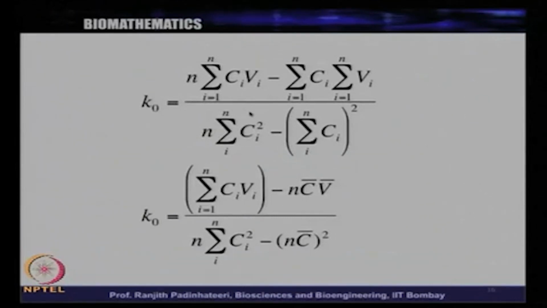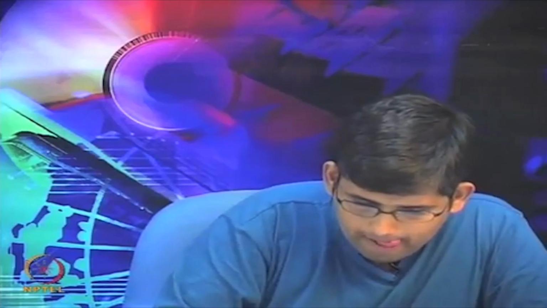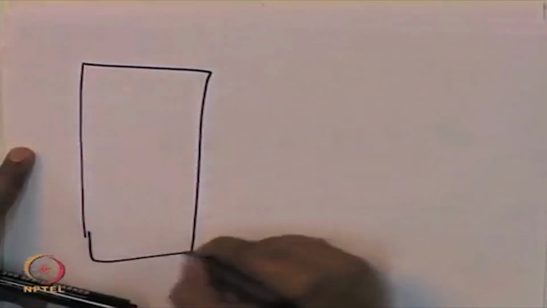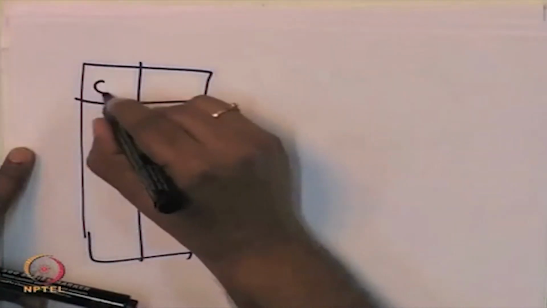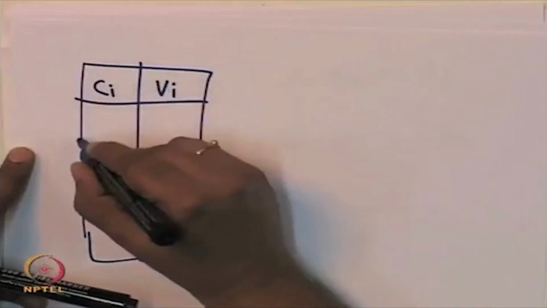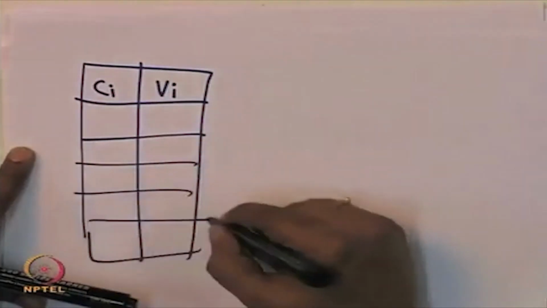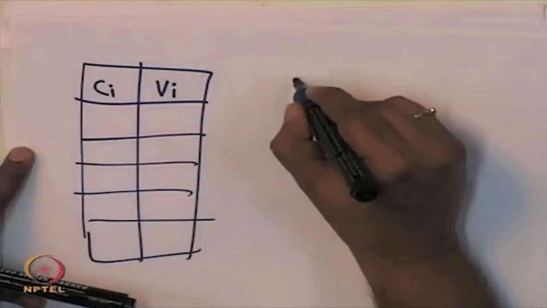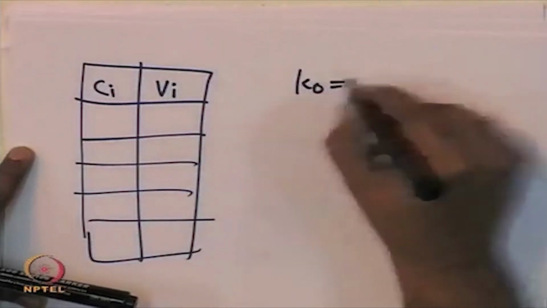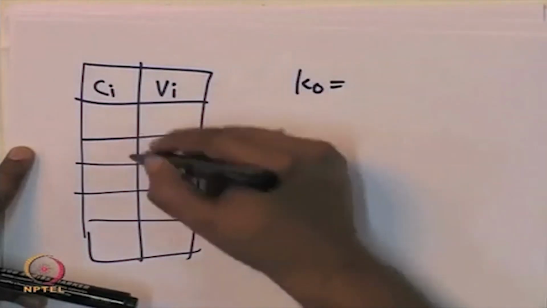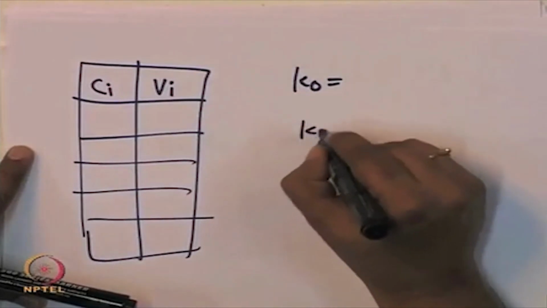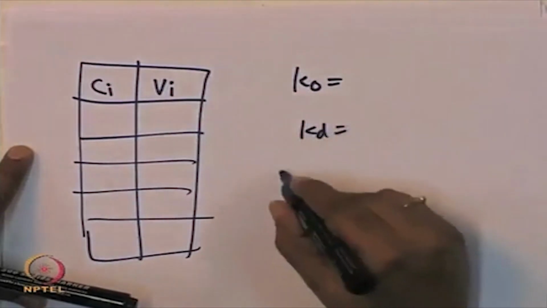So essentially we can get K0 and Kd. K0 is some combination of Ci's and Vi's, and Kd is also some combination of Ci's and Vi's.